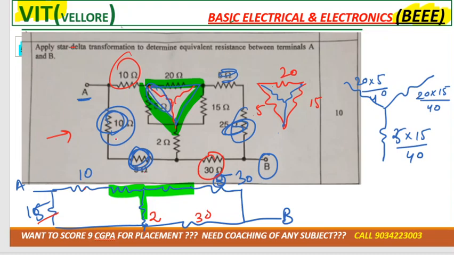So now you can simplify it. Again it will form this one resistance and this one resistance. They both are connected in series. Similarly, this one resistance and this one resistance, they both are connected in series. This one and this one, they both are connected in series. Now the next diagram is like this.